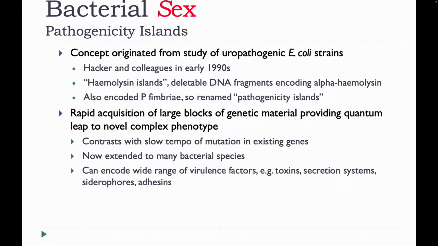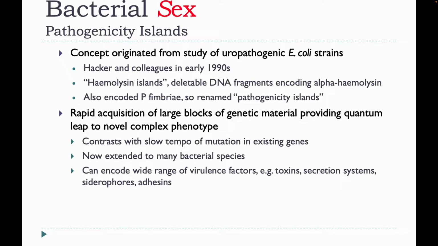I mentioned already the idea of pathogenicity islands, and this was a concept that initiated when people started studying uropathogenic E. coli. They said, oh, there are these bits of the chromosome which can be deleted easily, and they seem to carry more than one virulence factor in them.